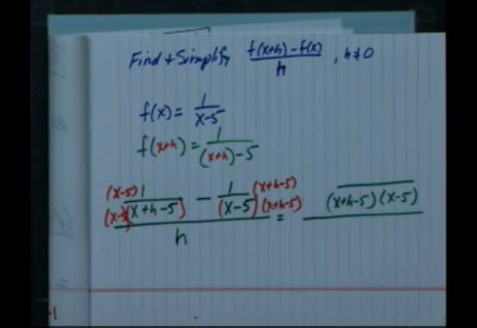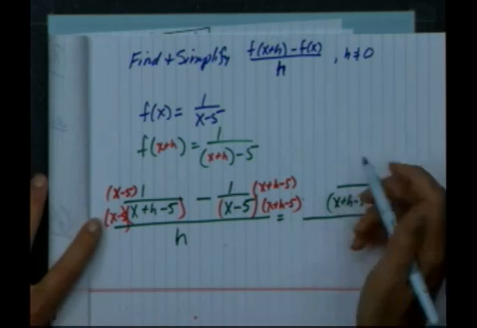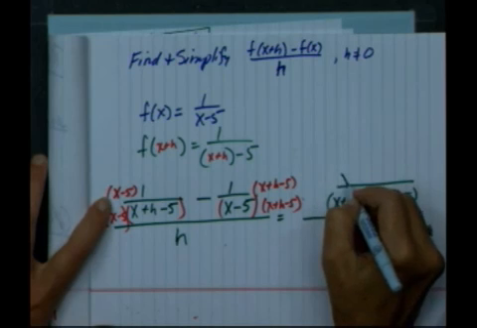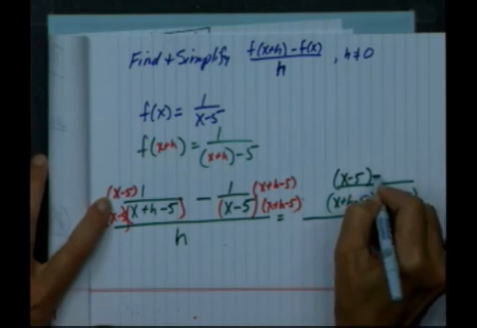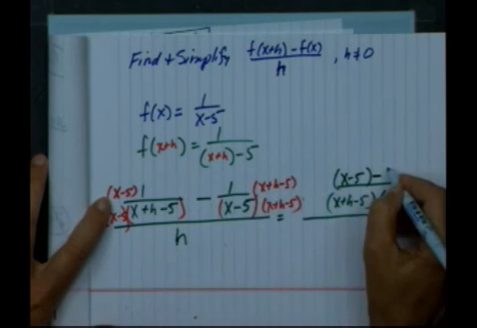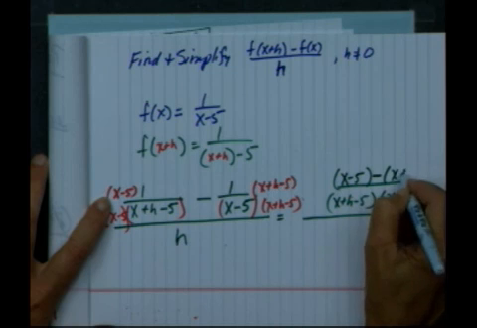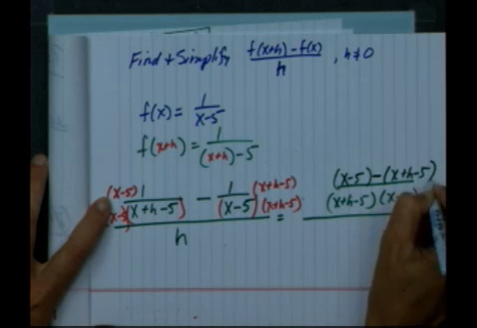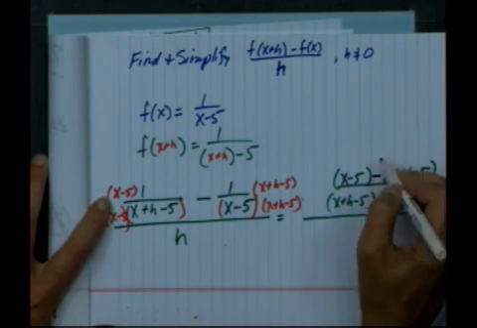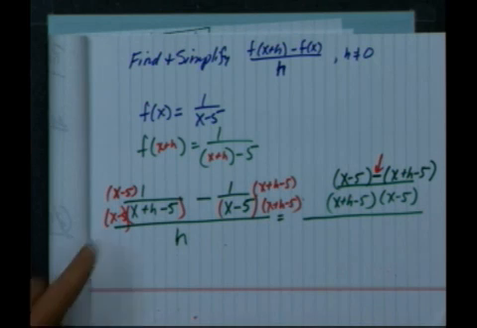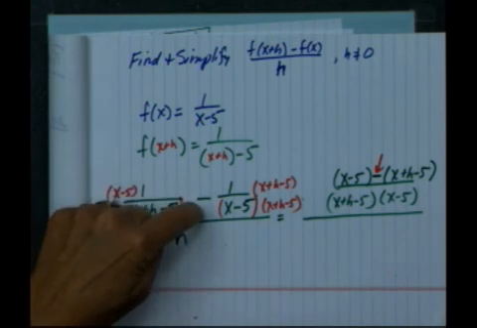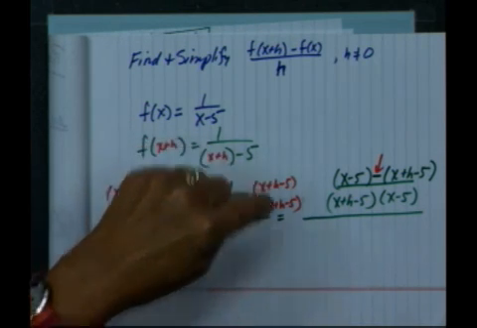Now we're ready to copy. It's going to be x minus 5, and be very careful not to lose your negative. So I'm going to put in the parentheses here. I've seen this missed on the test too many times. So it's x minus 5 minus the x plus h minus 5.